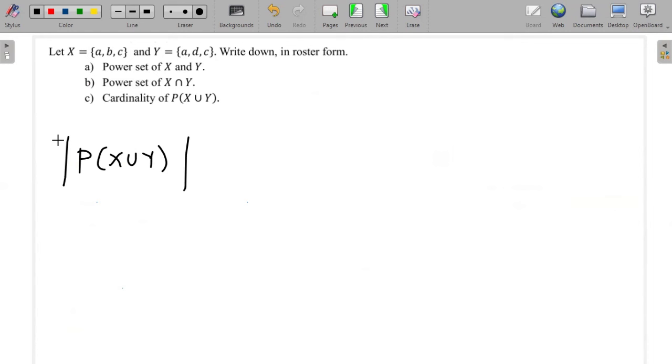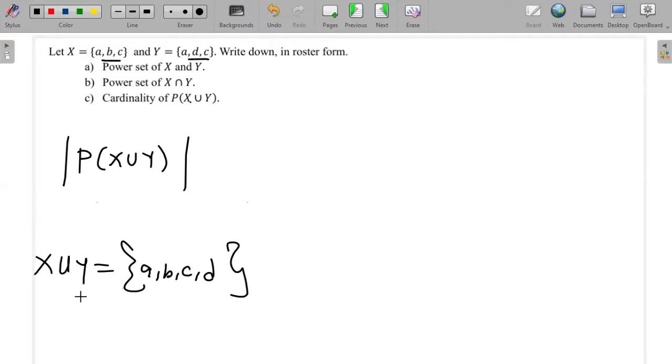First of all we unionize whatever is there, so that is X union Y. X union Y is equal to, I combine this and this without repeating anything, so that is A, B, C, and then D. This is the union of X and Y. To find the power set of this, I'll first have to find how many subsets it is going to have. To find that, we said we do 2.